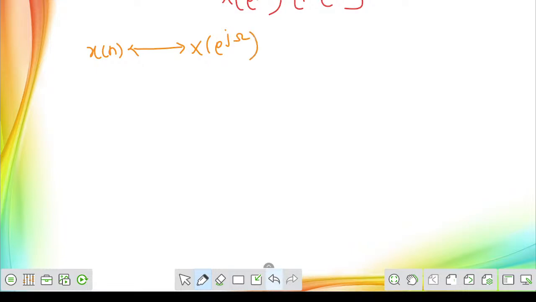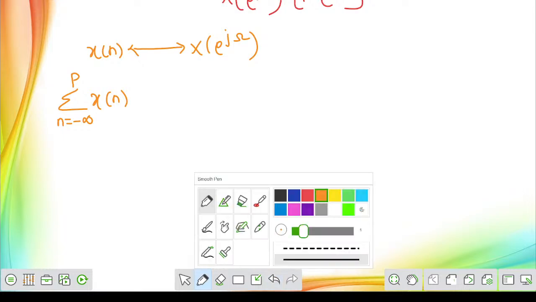Okay, sir, this is fine. What they will do now, they will take x of n and generate a sequence from n equal to minus infinity to a particular point, p or k, whatever they generate. Leave it as some random value. What can be the expected corresponding Fourier transform, sir?